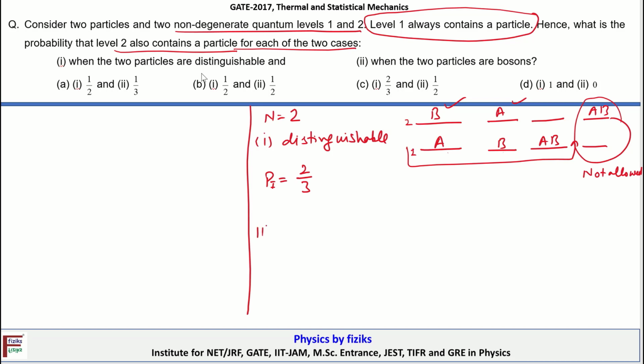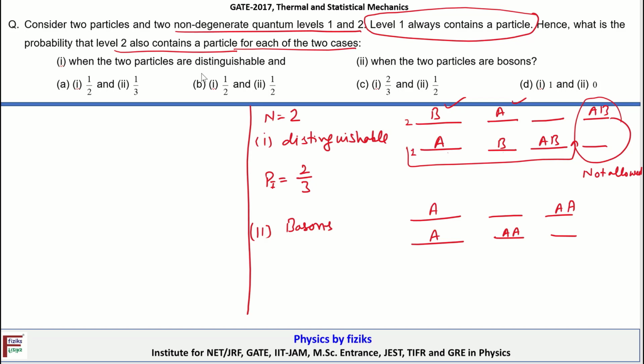Now in the second case, when we treat the particles as bosons, bosons means we have identical particles. In that case, I can label them as A and A because they are identical. So we will not have another option where we can write A and A. So the second option could be AA, both the particles here, and the other option is AA.